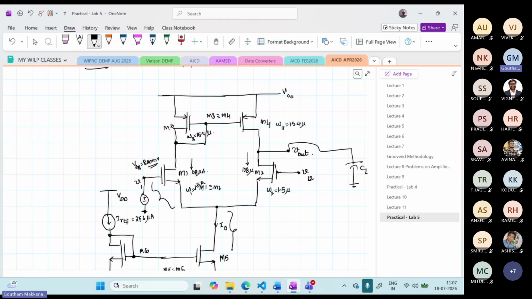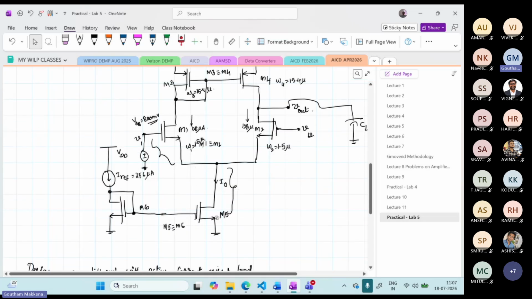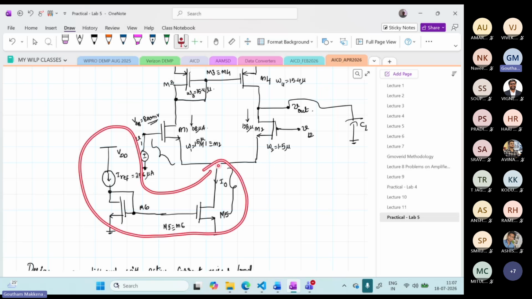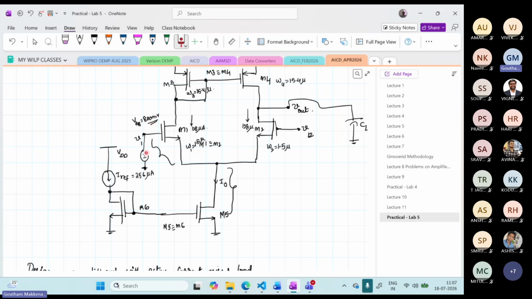So it has one more drop over here because this circuit is slightly different in the bottom part. In the previous circuit, this node is connected to ground, but in this circuit it is not connected to ground. It has another current mirror over here. So there will be some drop here as well. That drop also should be added to this VGS, and this common mode voltage will be that particular voltage. So that is a small difference.